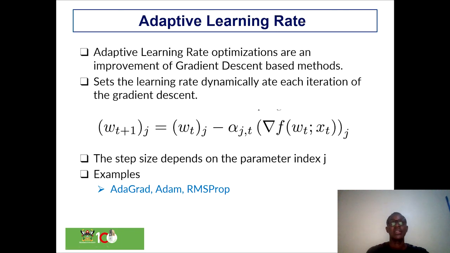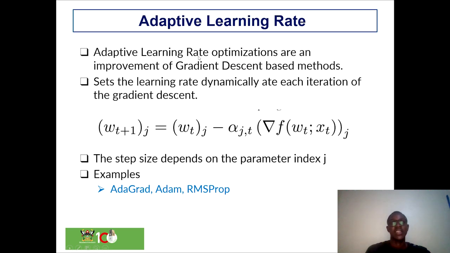And the other method of optimizing the algorithms, which is a popular one, is adaptive learning rate. So this is sort of an improvement to the gradient descent method. So there's a lot of methods that use gradient descent underneath to perform optimization.